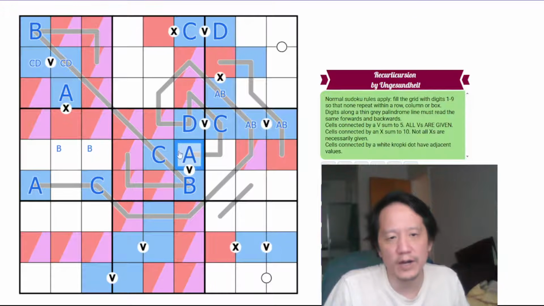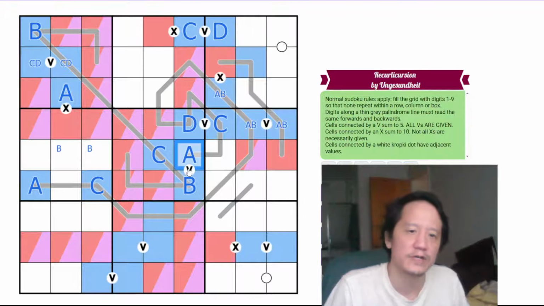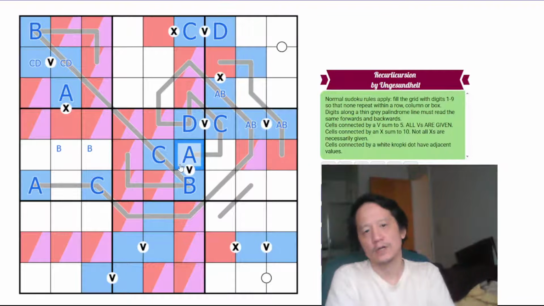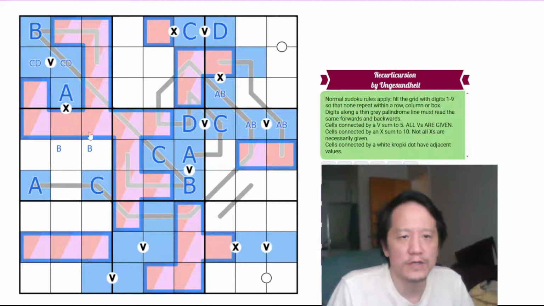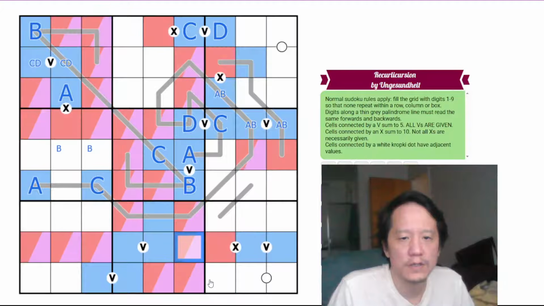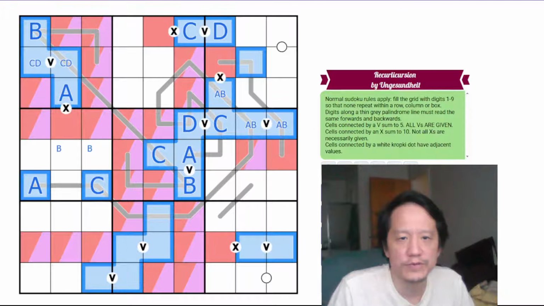So normally I would color these, but it's easier to see the low digits here. Maybe. Okay, so let's mark all the low digits as 1 through 4.